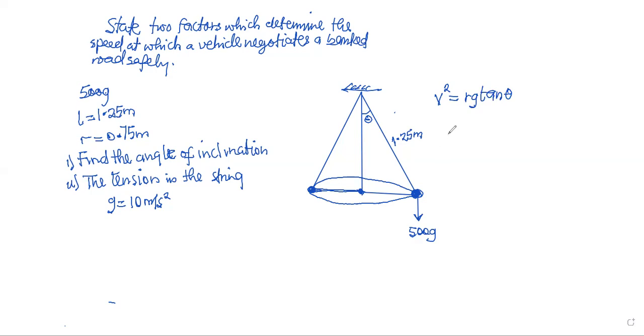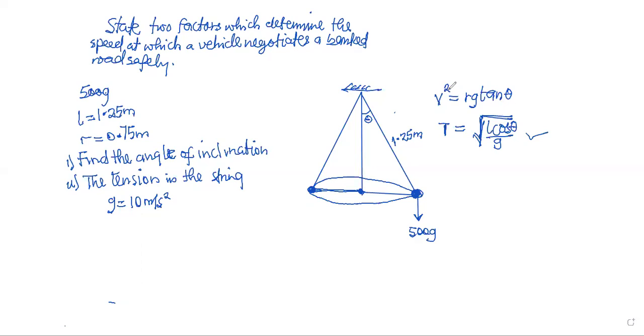We also realize that for a conical pendulum, its period of oscillation is equal to the square root of L cos theta divided by G. Meaning that if we have the period, we could have used this to find the angle of inclination.